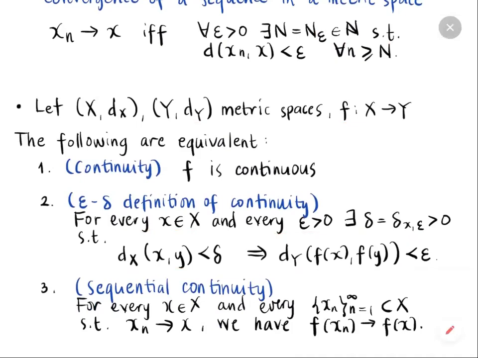Well, in terms of open balls, you can say that if Y belongs to the open ball centered at X having radius delta, then the image should be an element of the open ball in Y having center f of X and radius epsilon.